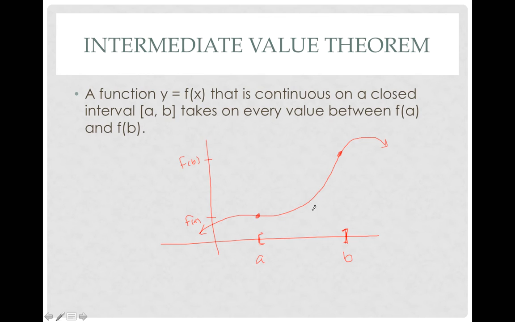What this is saying is every value between these two numbers will be used on a continuous function. So if f of a was equal to 1 and f of b is equal to 7, every number between 1 and 7 will be a y value on this graph.